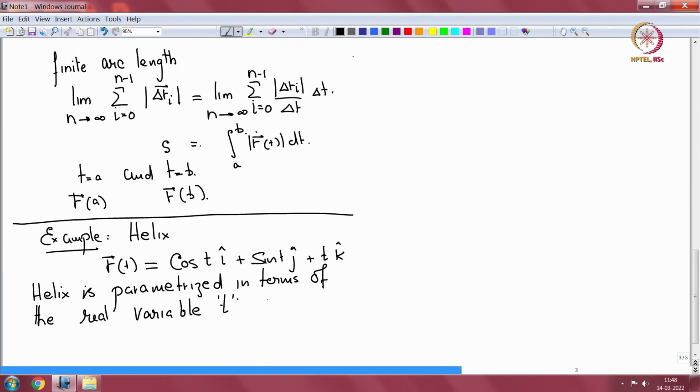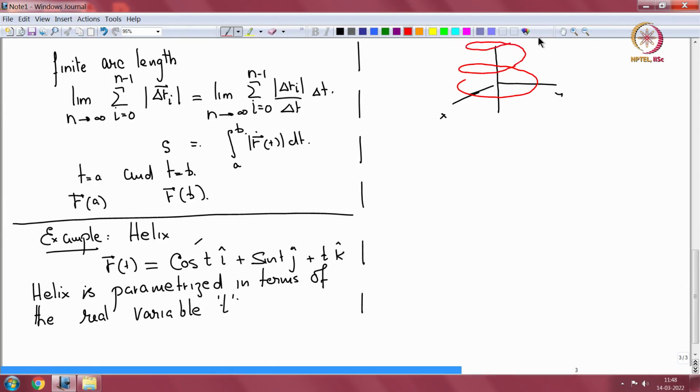Okay. So if I draw this, how does it look? If this is my xy plane, then the first part gives me a circle, whereas the k part gives me a progression in the z direction. So I get a helix like that.